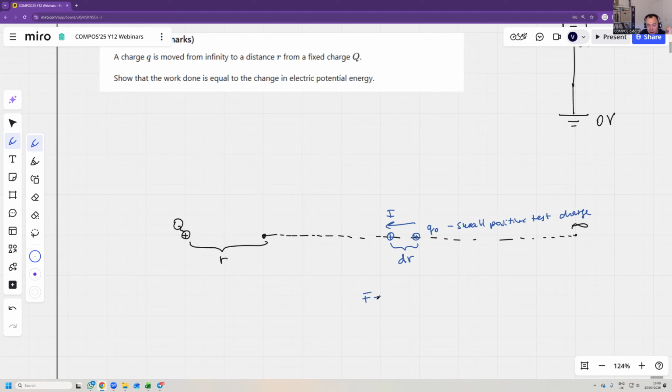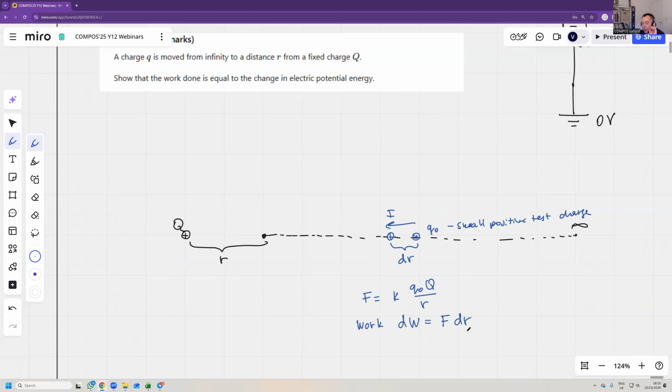The force, as we already know, is k Q0 Q over r squared. And the work done, dW, the small amount of work, is force times dr.